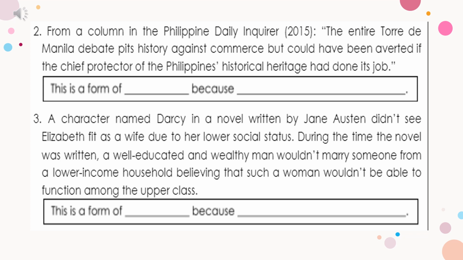So this is a form of prejudice because it presents the prejudices regarding the social status of a person, that you have the notion already that whenever a person is poor, then that person cannot rub shoulders with the upper class and cannot manage to do so. So again, it's a form of prejudice.